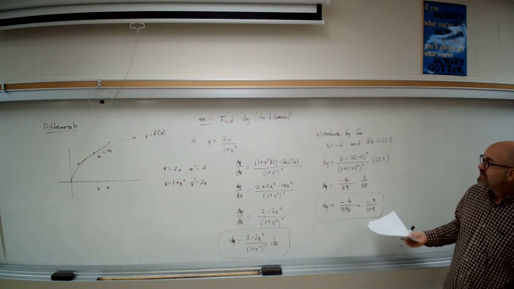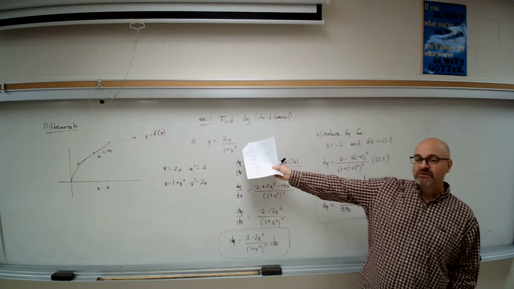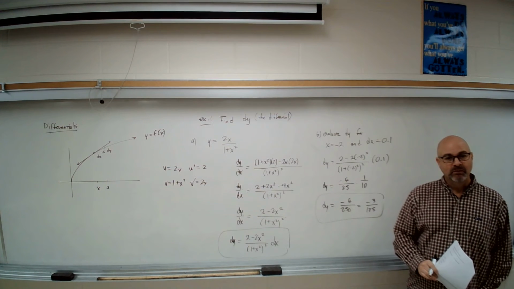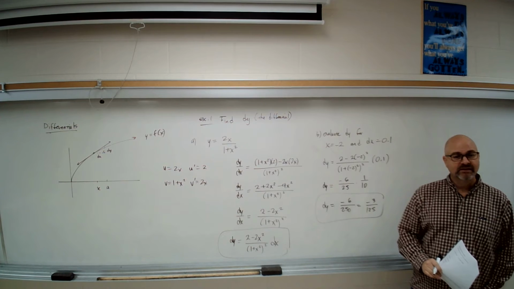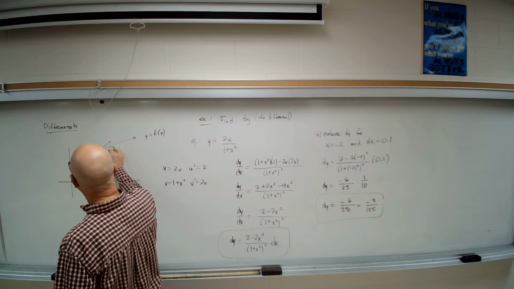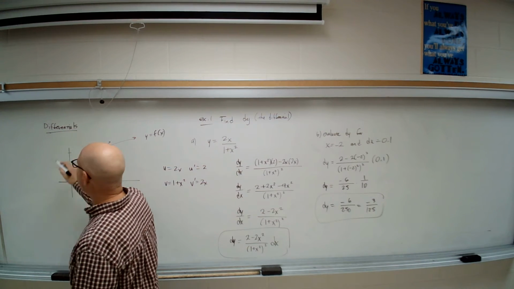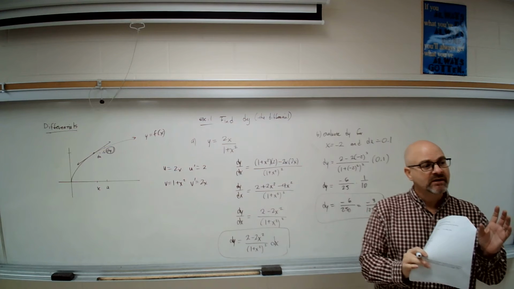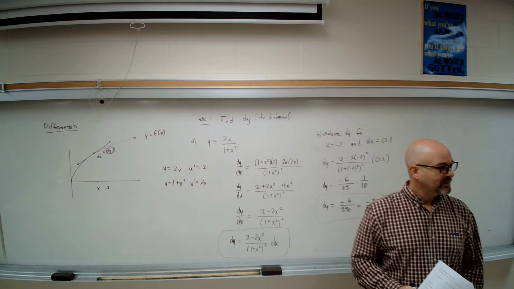To do that, you'd have to find the y value for the original function at negative 2, and then subtract negative 3 over 125. So again, the differential is just this little length right here. It doesn't tell you anything about what that y value would be over there. It just tells you how much it changes from this known point of tangency, how much we move from there.